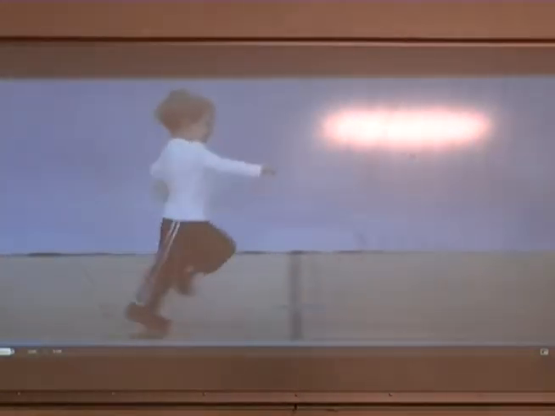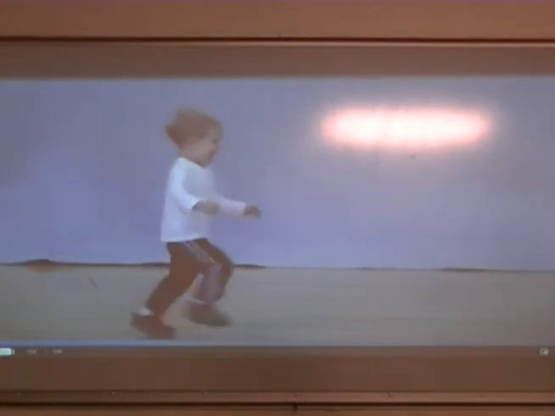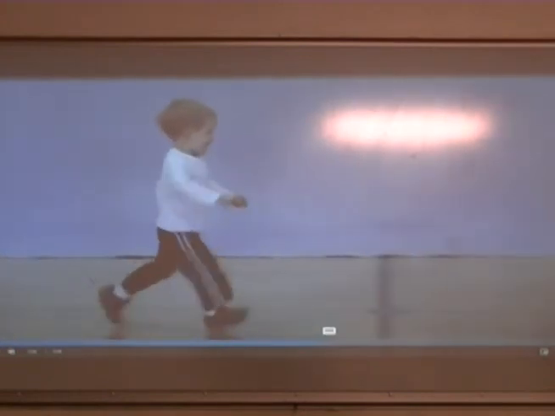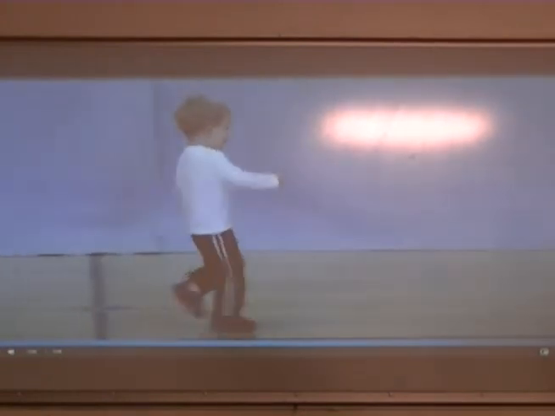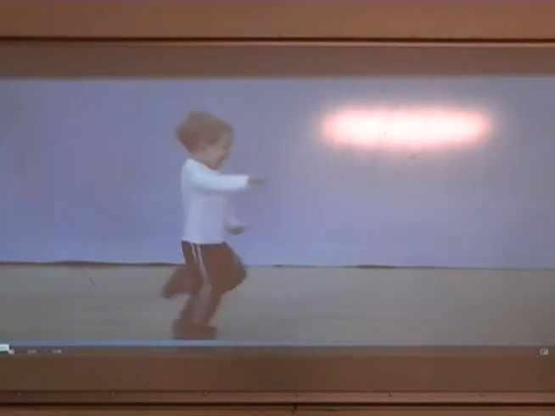Okay, he's got his tongue sticking out. That's not a characteristic though, so that's not helpful. All right, let's see.